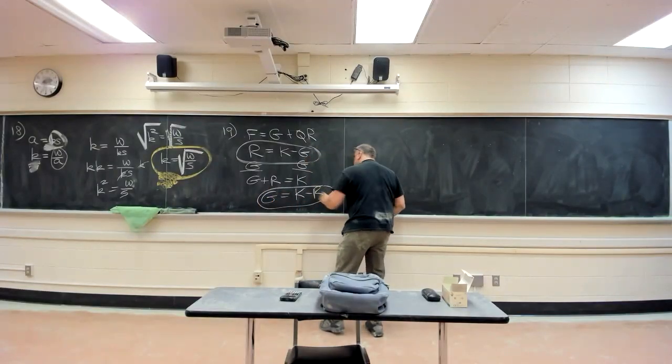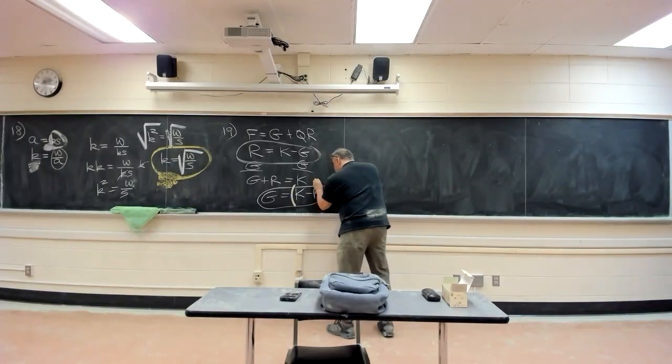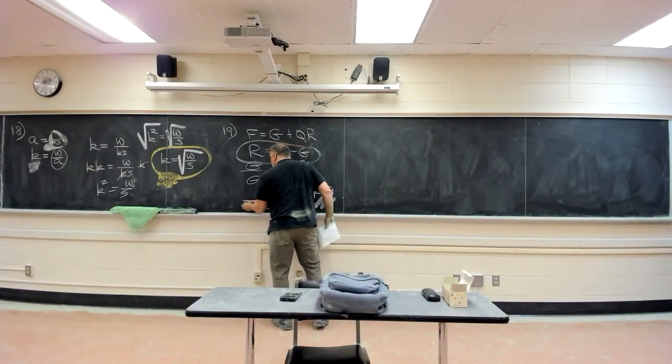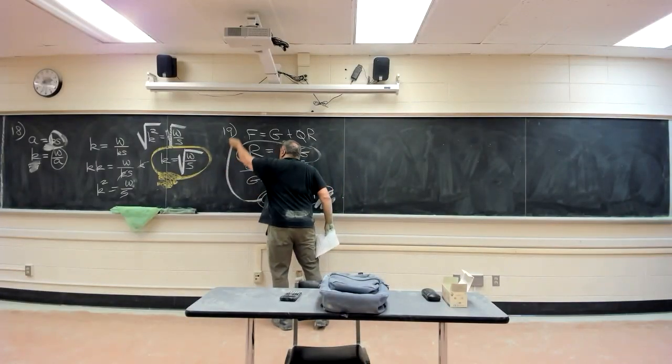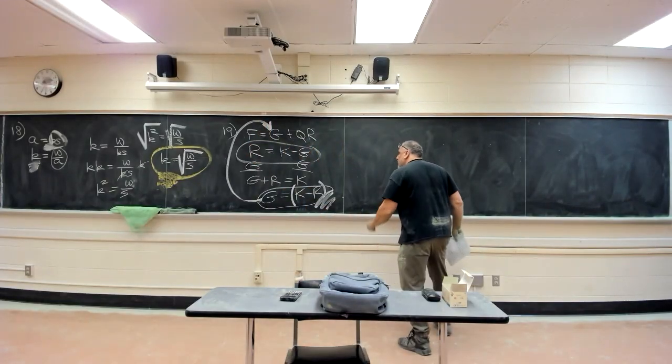We got G like this. So wherever I see a G, I'm going to put K minus R right there.